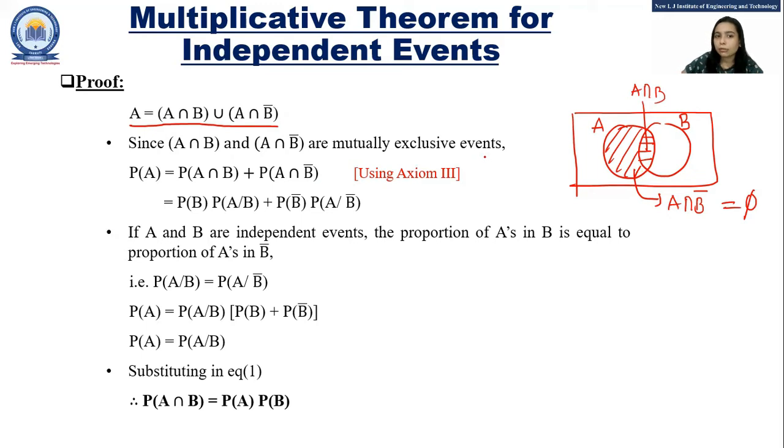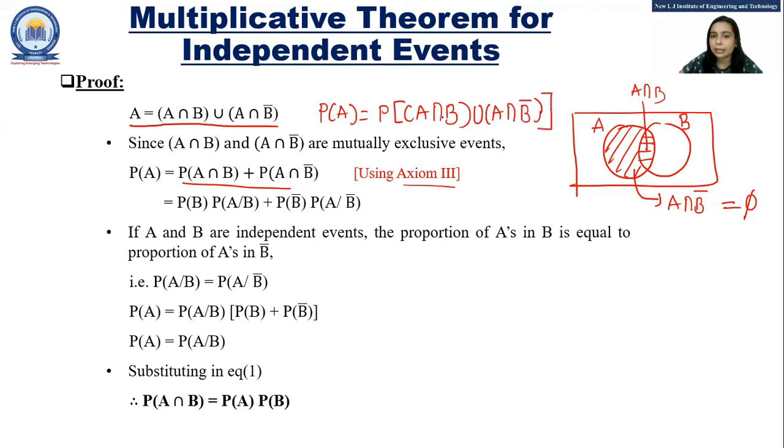Now for mutually exclusive events, we can write P(A intersect B) plus P(A intersect B bar), using axiom 3 that we discussed in the previous lecture as well. Taking the probability on both sides, we get P(A) = P((A intersect B) union (A intersect B bar)). As these are mutually exclusive events, we can write P(A intersect B) + P(A intersect B bar).